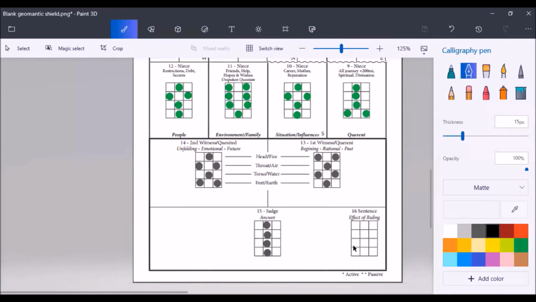So if I'm worried about a relationship, who's the querent? If you're asking about the relationship, it would still be you, right? It would still be me. And what will be the quesited? It will be the other person in the relationship. The other person.